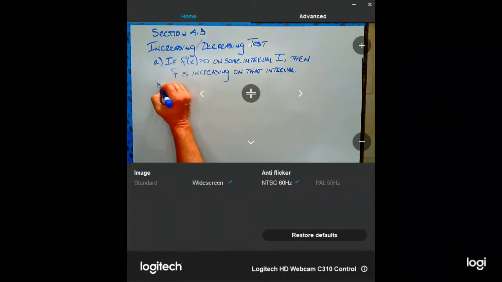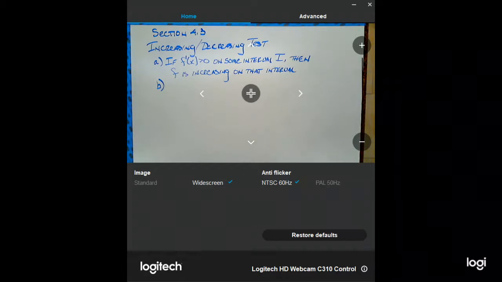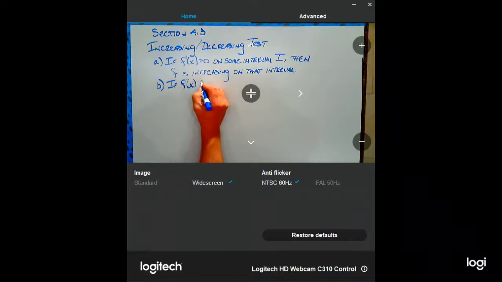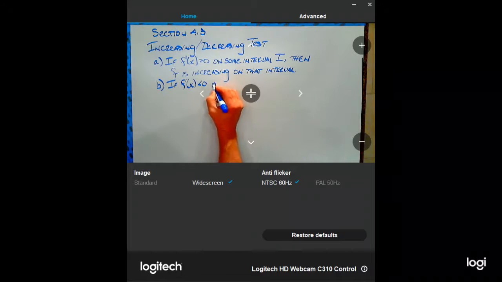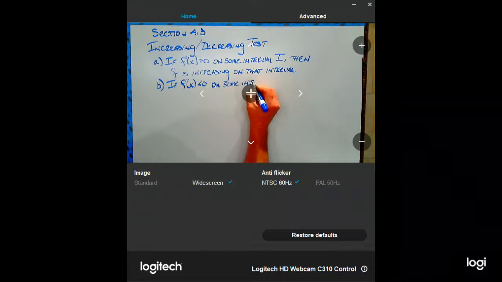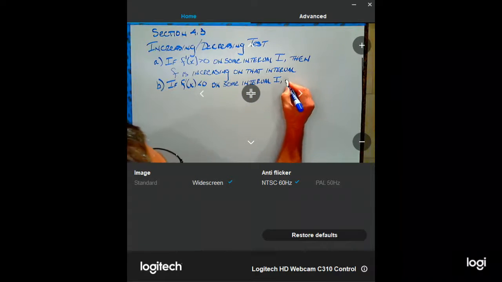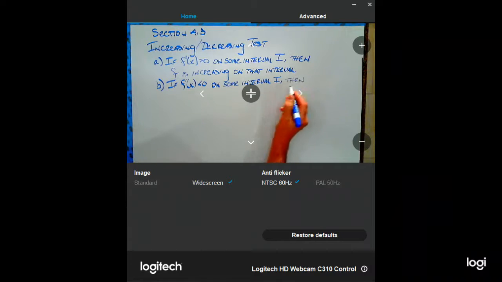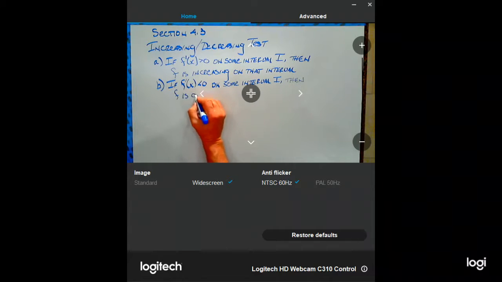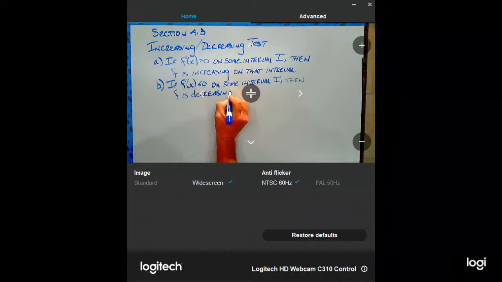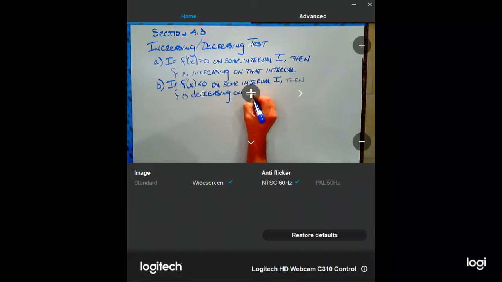Now, if the derivative being positive means the function's increasing on that interval, then of course it follows logically that if f prime of x is less than 0 on some interval I, then f is decreasing on that interval.